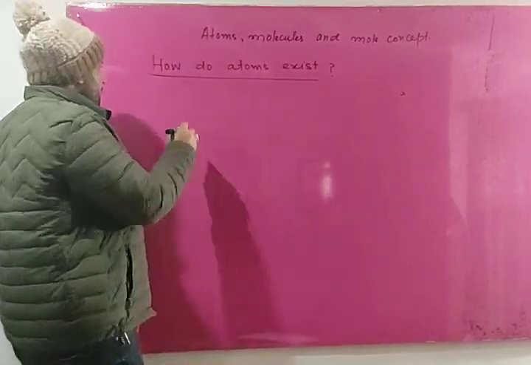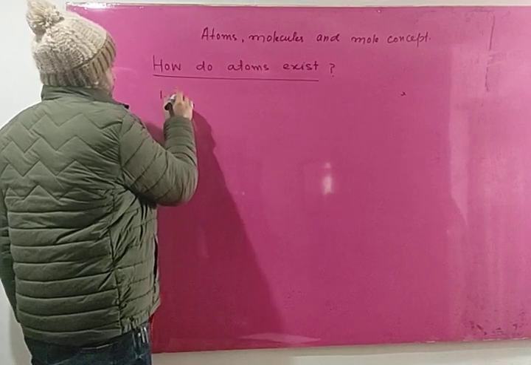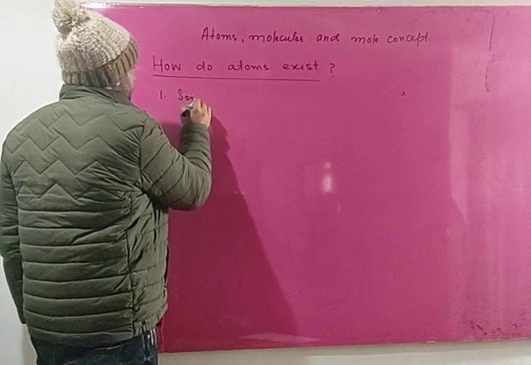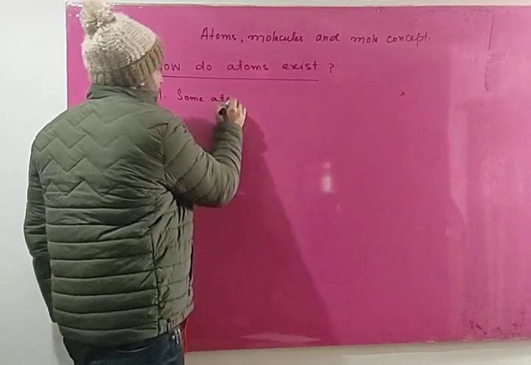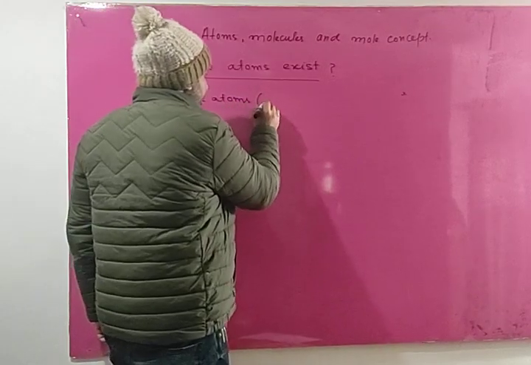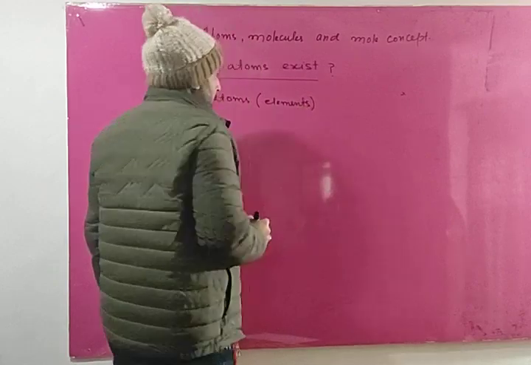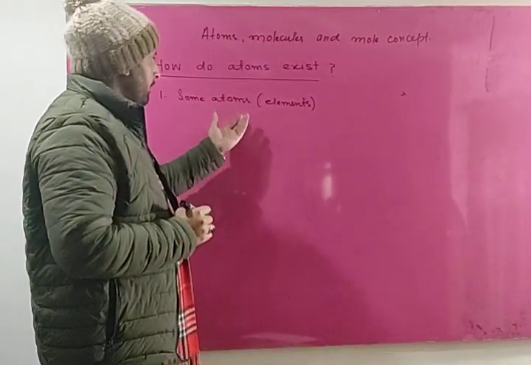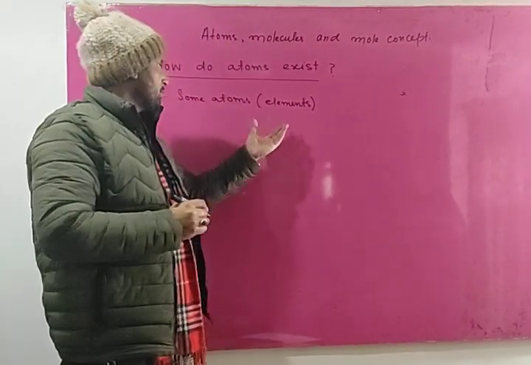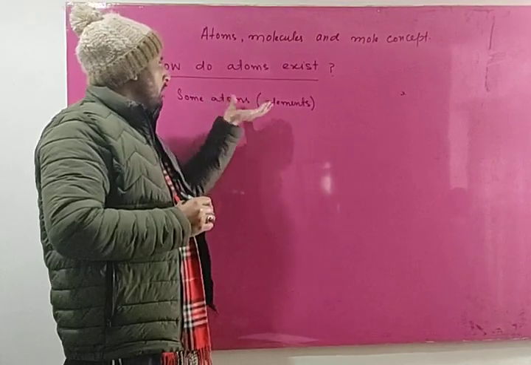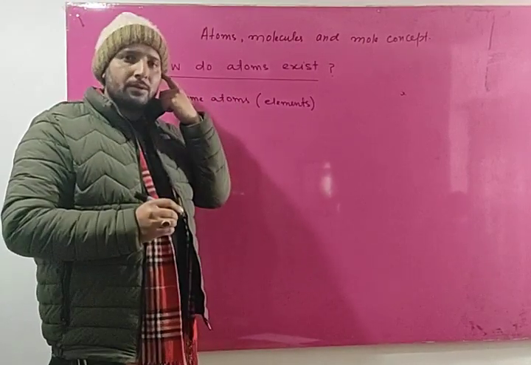Now, first, I will write elements, because elements are made up of atoms. Okay, it's a pure substance made up of atoms. So bulk of atoms, when we say it's an element, right?